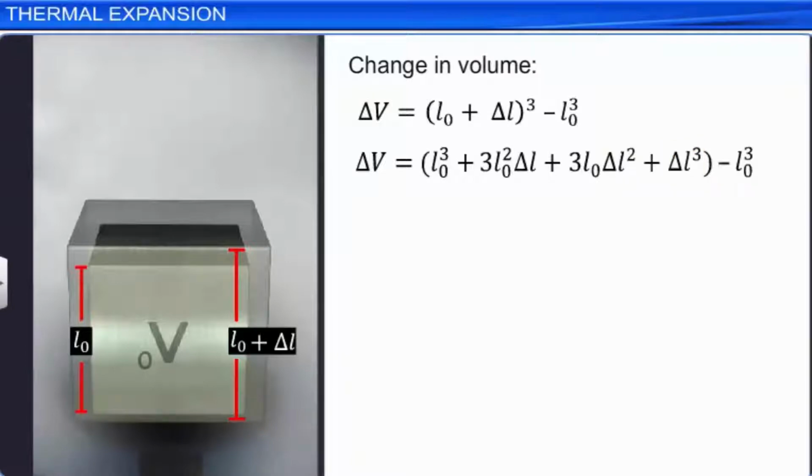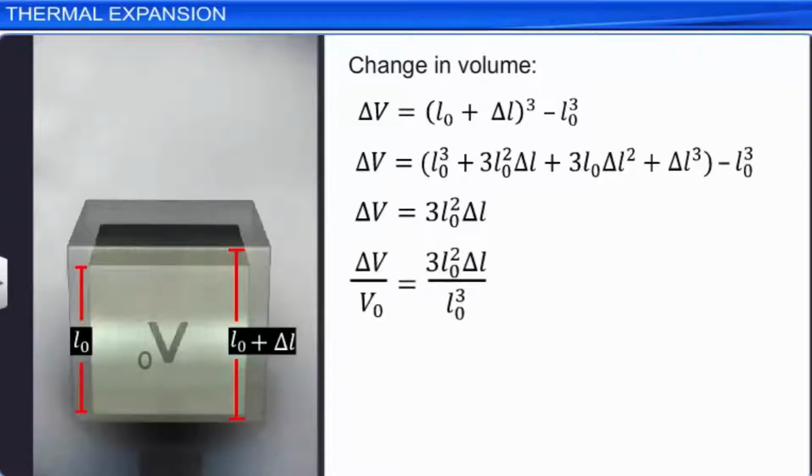Then we get delta V equals 3 into L naught square into delta L. Now by dividing delta V by V naught, we get 3 into L naught square delta L by L naught cube. On further simplifying, we get alpha V equals 3 alpha L. Let this be equation 2.